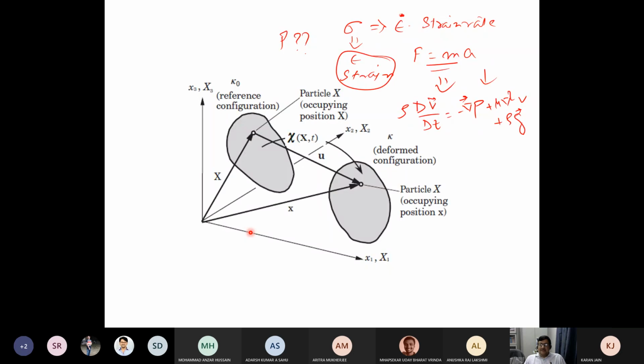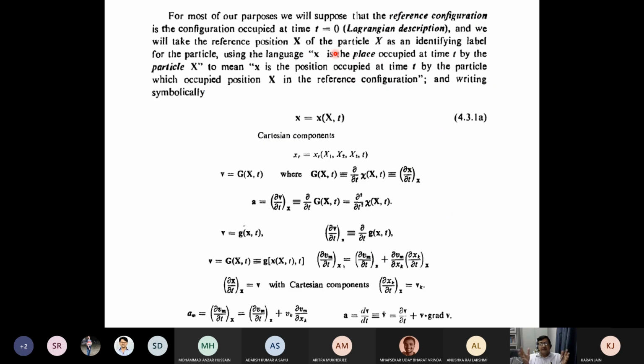Now, when I'm writing the Navier-Stokes equations, you may think that this is all in the deformed configuration, whereas you can also write the same thing in the reference configuration. When you are going for the fluid, we do everything in the Eulerian configuration. Whereas when I'm talking about solids, we restrict our things to the reference or the original configuration, because solids deform less.